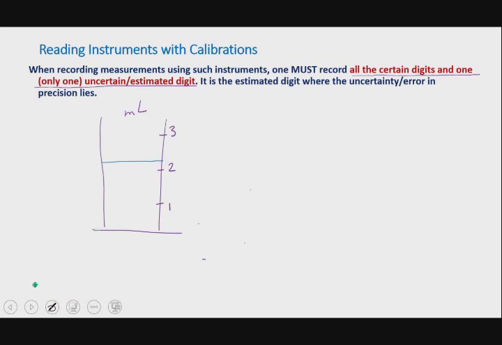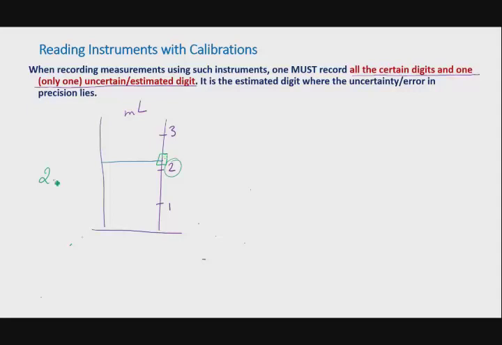Now, please understand, whenever you're reading such instruments that have calibrations on the side, we must report all the certain digits. Certain digits are the digits that you can read directly off the instrument. So in this particular case, this is a certain digit. We know there is 2 mLs, but we also know there is a little bit more than that, that we need to estimate. There must be one estimated digit at the end.